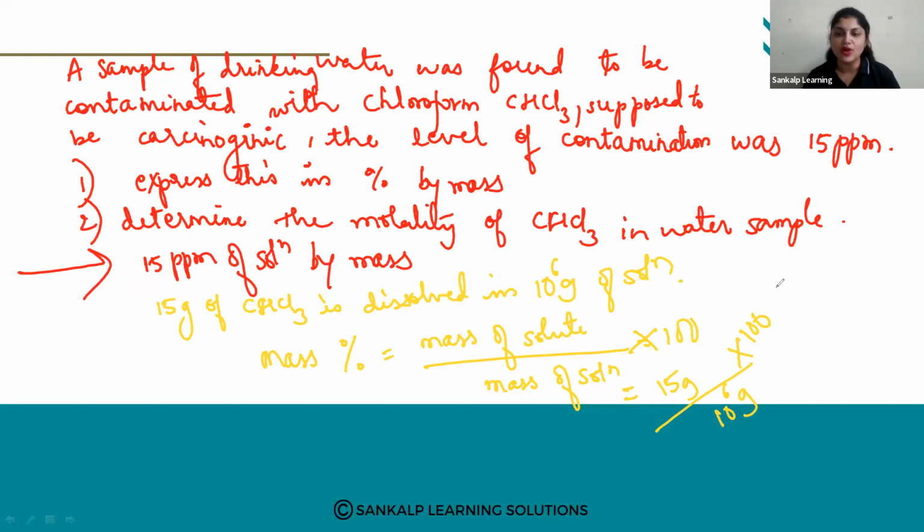After solving this, the answer comes to 15 into 10 raised to minus 4. You have to express it in terms of percentage, so it will be 1.5 into 10 raised to minus 3.